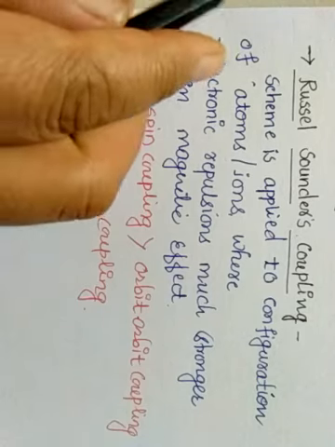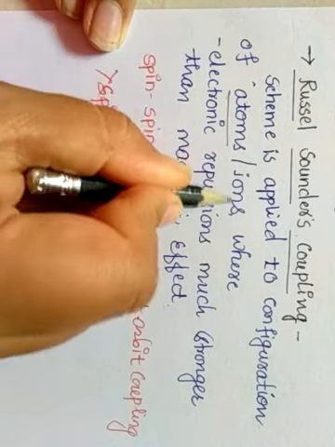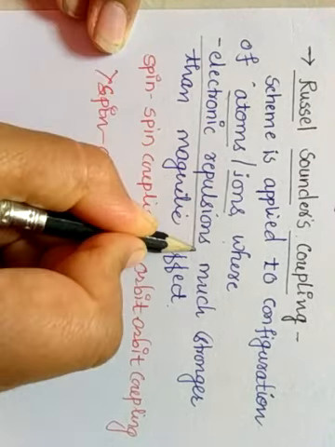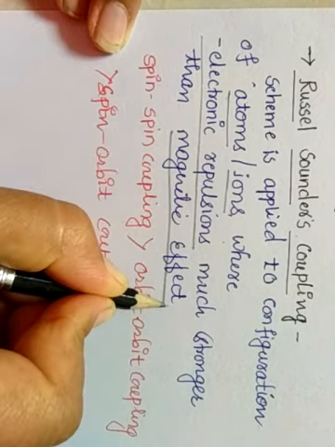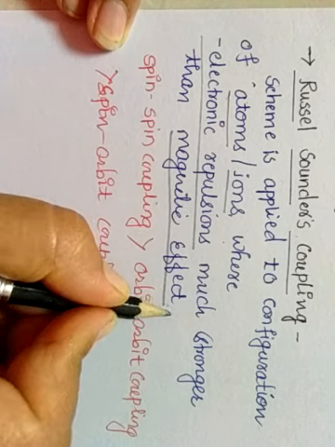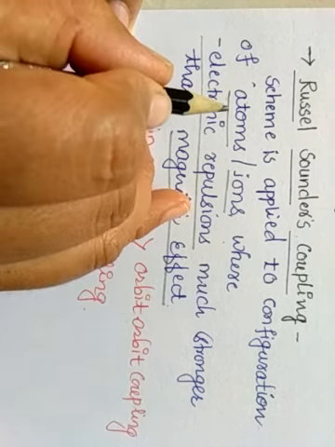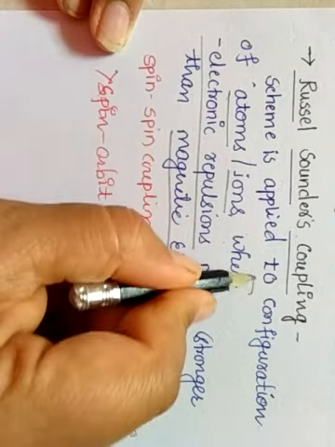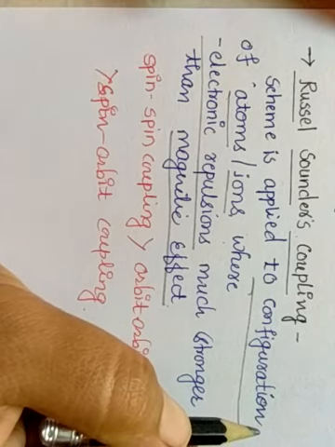So the Russell-Sanders coupling scheme is applied to the configuration of atoms or ions where electronic repulsion is much stronger than the magnetic effect. Getting my point? You know already the electronic configuration 1s2, 2s2, 3s2, isn't it?